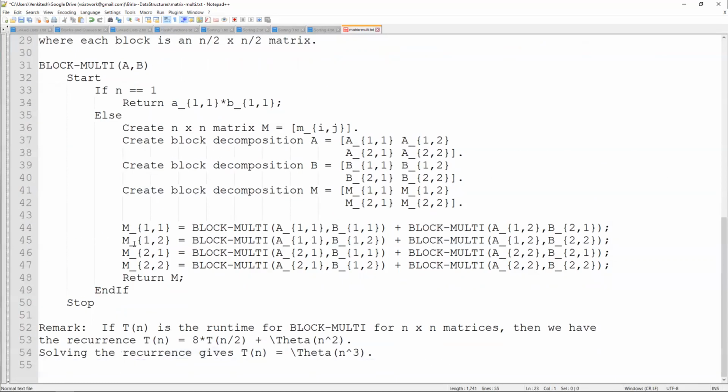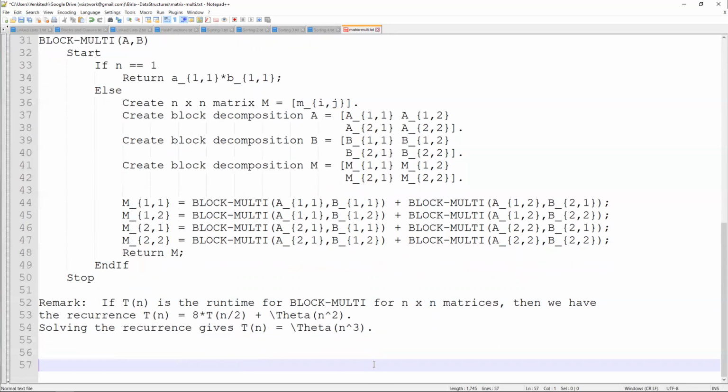So the mat multi and block multi are basically having the same runtime. Okay, block multi is not better yet. But now we'll see that if you do block multi in a slightly more careful manner, then we can make it better. Okay, that is the whole point of this lecture, so to speak.